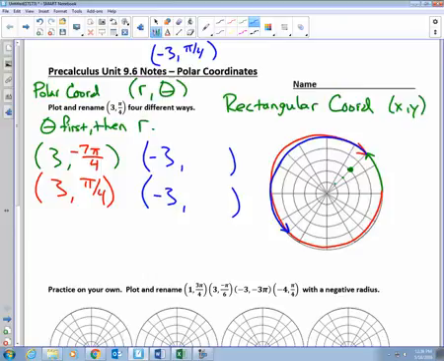What would that angle be right here? I have 1 pi over 4, 2 pi over 4, 3 pi over 4, 4 pi over 4, 5 pi over 4. Negative 3, 5 pi over 4 would place you at that same position.